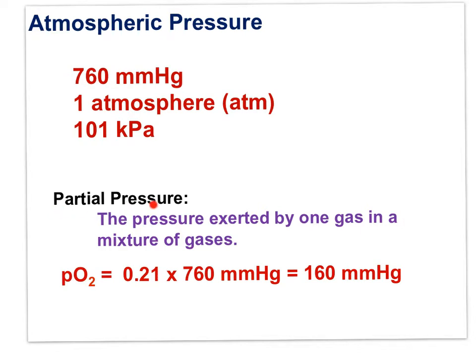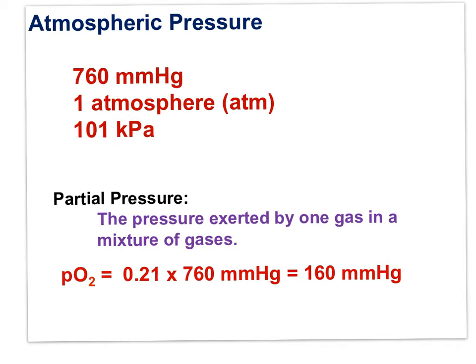Now, partial pressure is defined as the pressure exerted by one gas in a mixture of gases. So, if the atmosphere surrounding us has 21% oxygen, which it does, then the partial pressure of oxygen in air would be 160 millimeters of mercury.